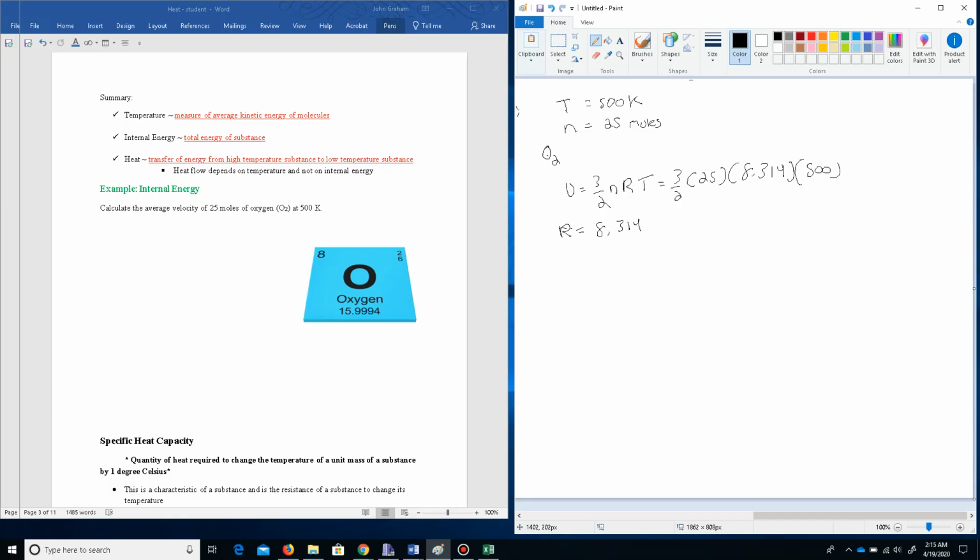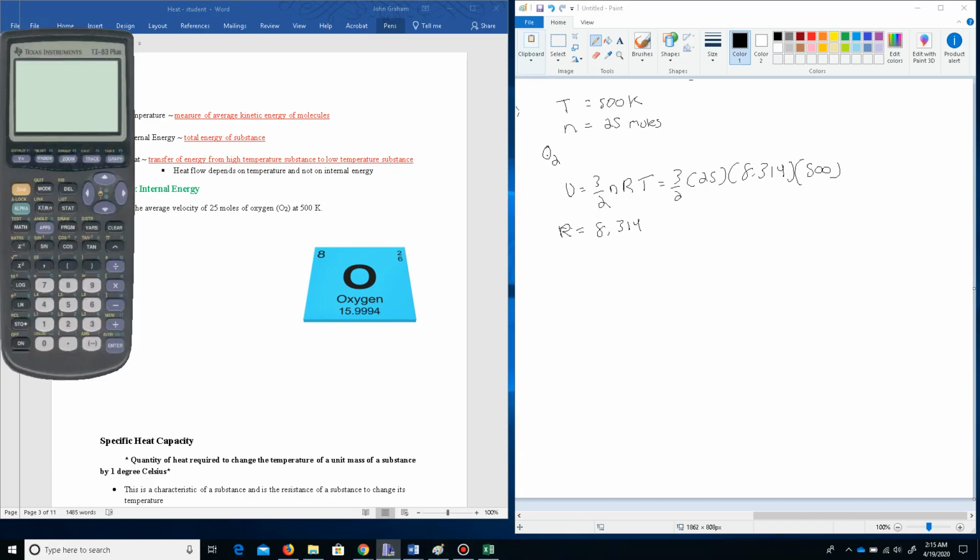So when we multiply this out, let me bring up my calculator. 3 times 25 times 8.314 times 500 divided by 2, and you get 155,887.5 joules.